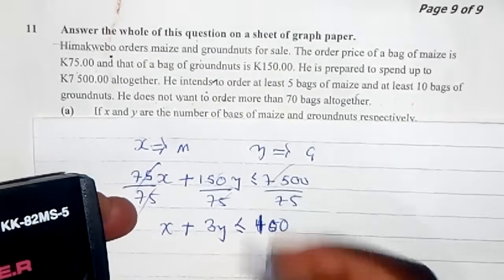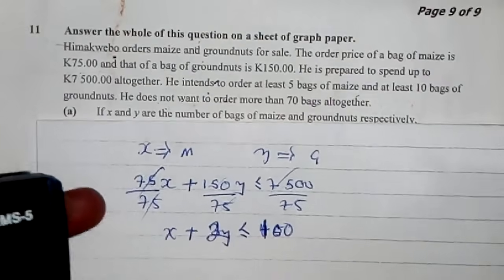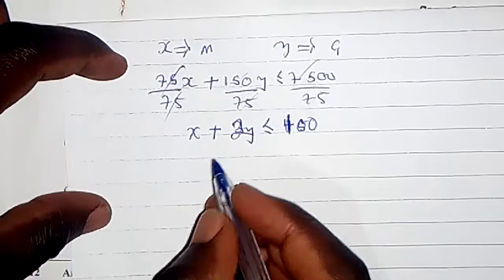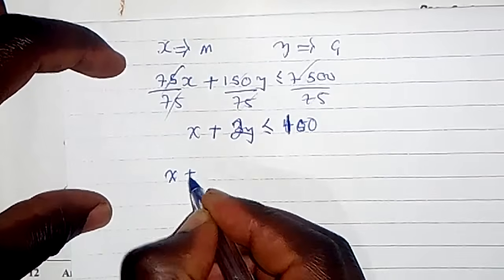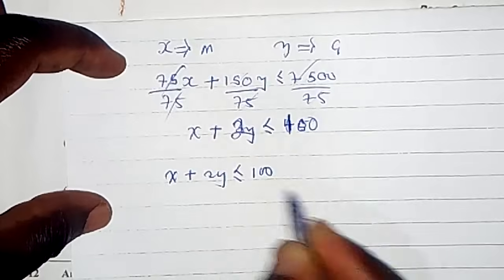And 150 divided by 75 is supposed to be 2 here, of course. So one of our inequalities will be X plus 2y is less or equal to 100. So we have this one.